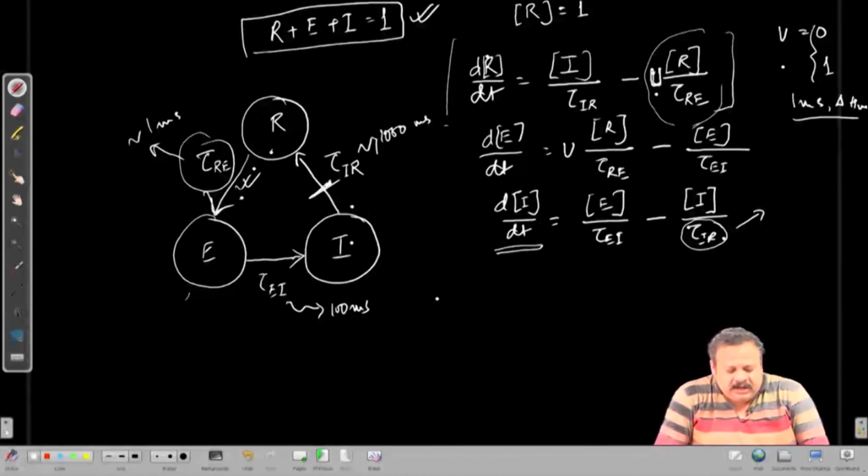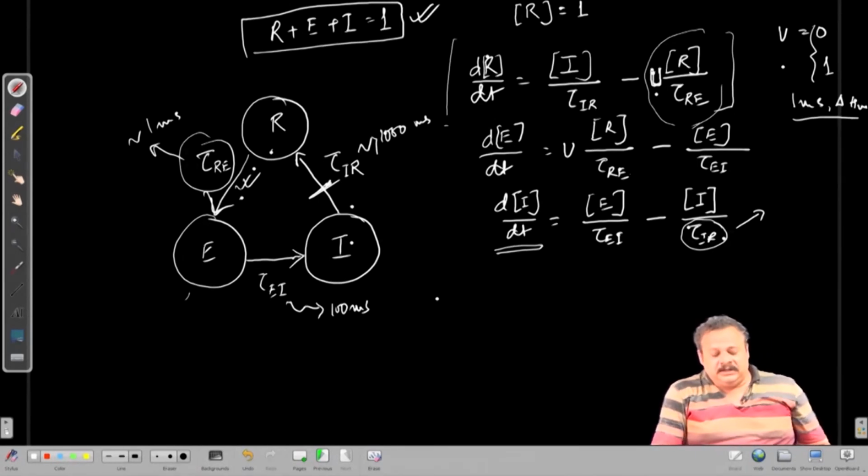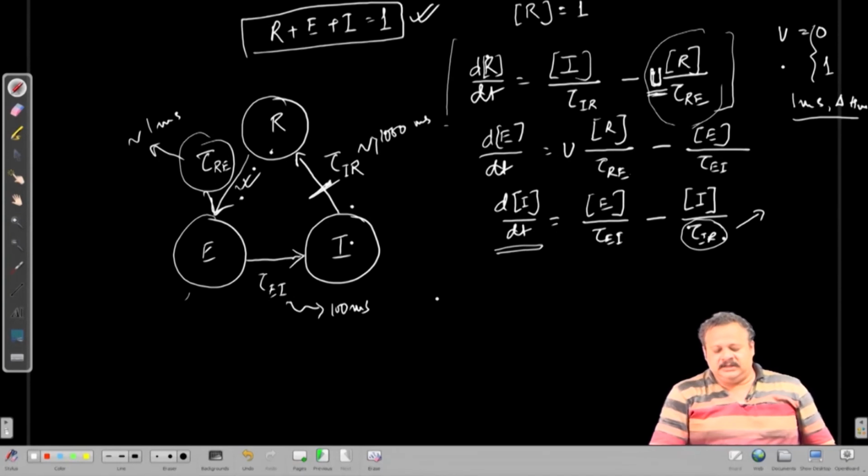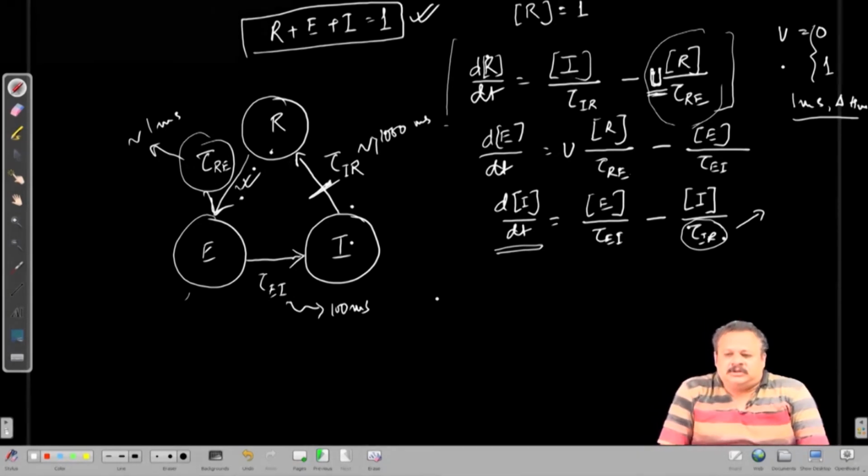So, it is in I and trying to move on to R. So, very little is actually going to the recovered pool. So, the reduction in the neurotransmitter is the reason for the synaptic depression to happen when we have many spikes simultaneously in a closed time period.